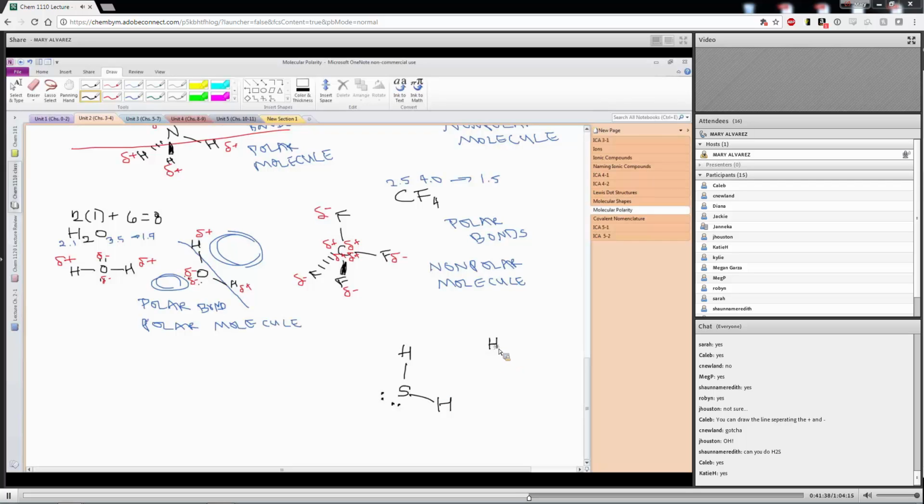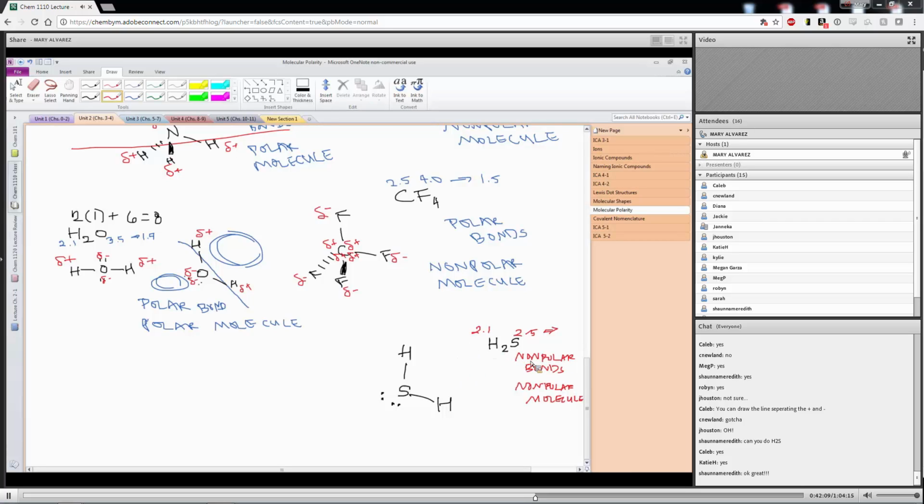And if I'm looking at the difference in electronegativities alone, since sulfur is 2.5 and hydrogen is 2.1, then I would say nonpolar bonds, and therefore nonpolar molecule. For the purposes of this class, that's what you need to know.